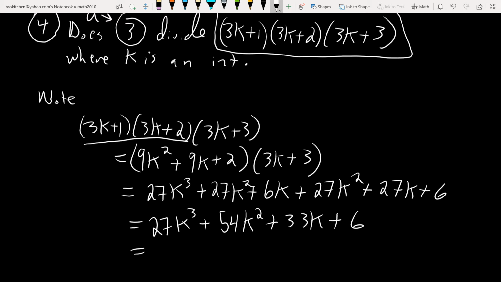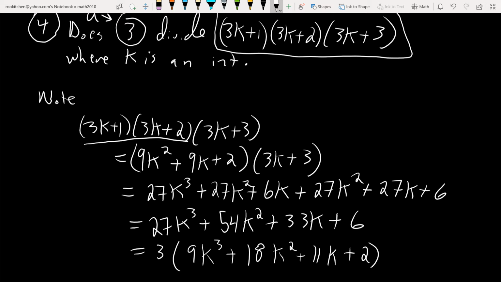We're trying to write it as 3 times something, which will show that 3 divides it, and that something has to be an integer as well. So we can factor a 3 out here: 3 times 9k cubed plus 18k squared plus 11k plus 2.